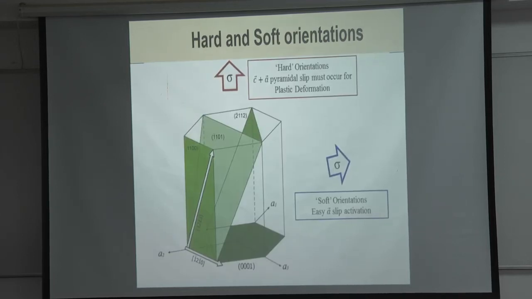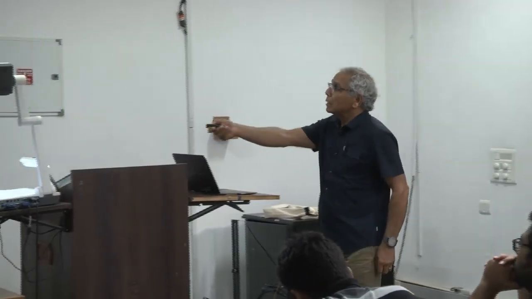These are important for understanding the deformation of hexagonal close-packed systems, whether it's zirconium or magnesium or titanium. They're all HCP structures, right? And the hard orientation is the pyramidal slip.